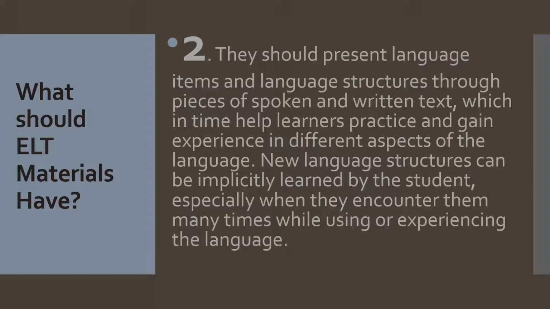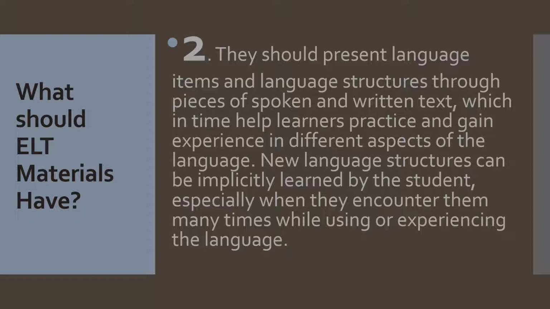Principle number 2: teaching materials should present language items and language structures through pieces of spoken and written text, which in time help learners practice and gain experience in different aspects of the language. New language structures can be implicitly learned by the student, especially when they encounter them many times while using or experiencing the language.